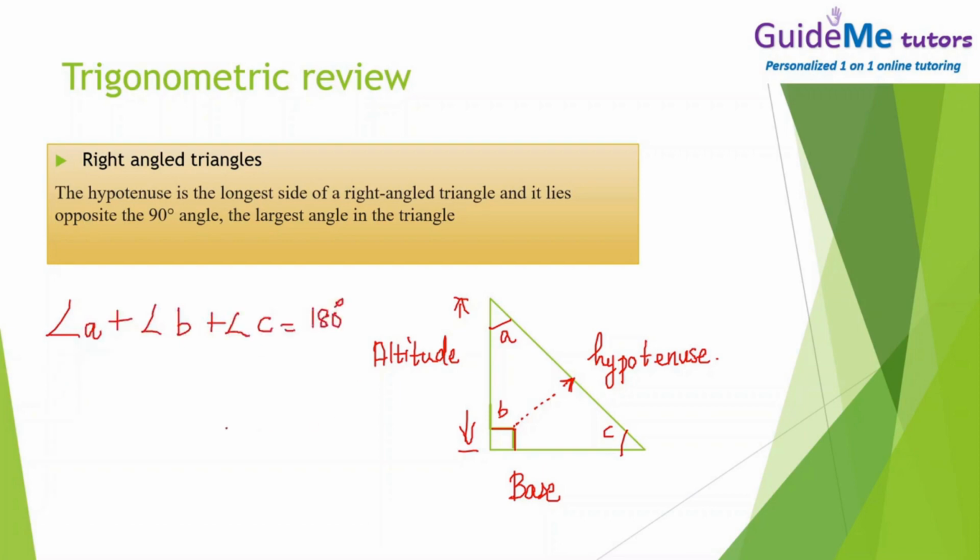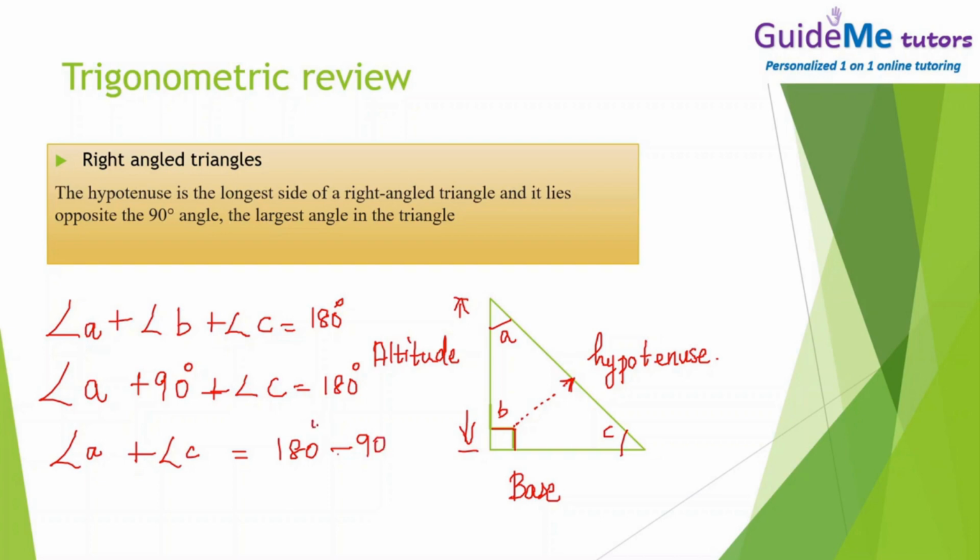This is one of the properties of the triangle. Here we know that angle B is 90 degrees. Substituting, A plus 90 degrees plus angle C equals 180 degrees. Now angle A plus angle C equals 180 minus 90, which is equal to 90 degrees.